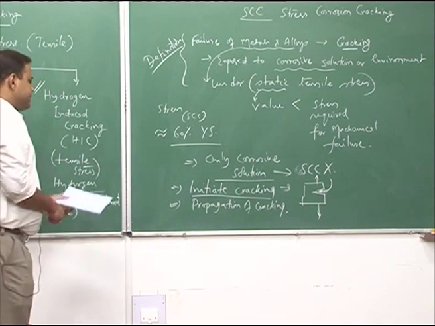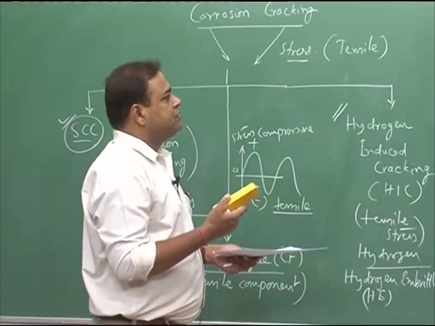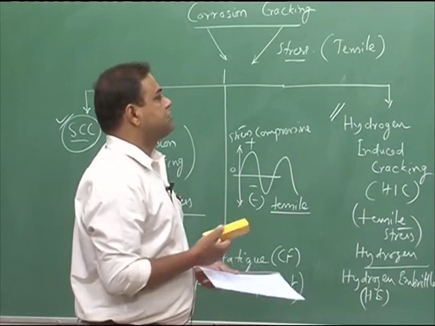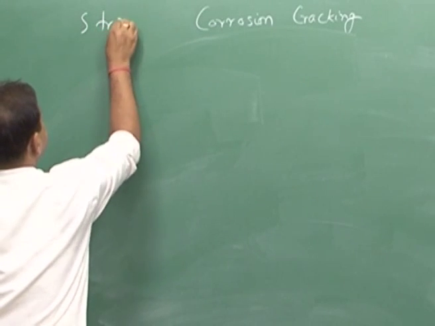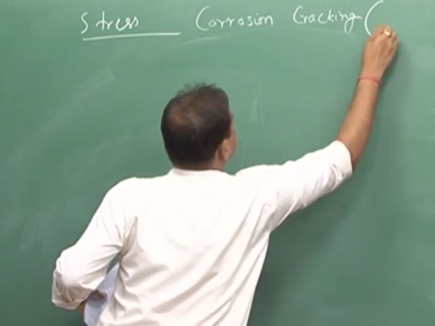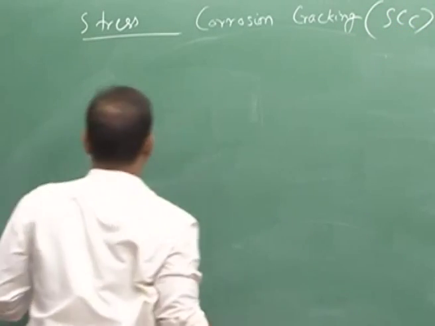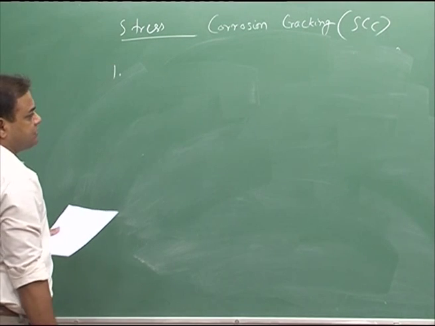If we look at some of the characteristics of stress corrosion cracking, then we would understand better why stress corrosion cracking happens and how to protect materials from it. Now, one is tensile stress.